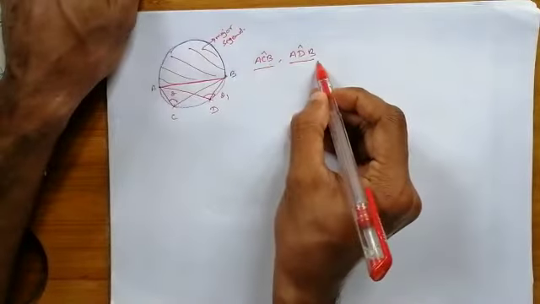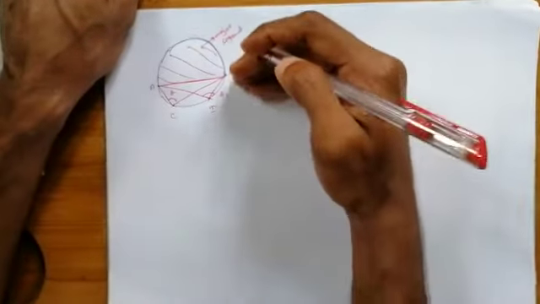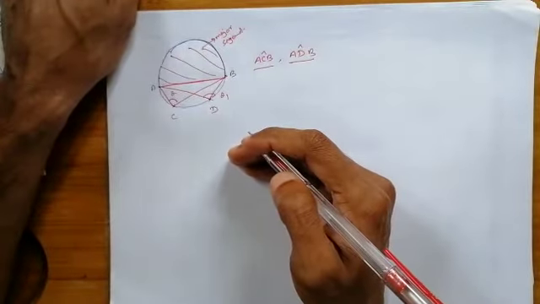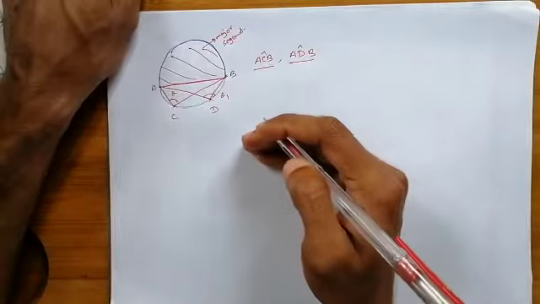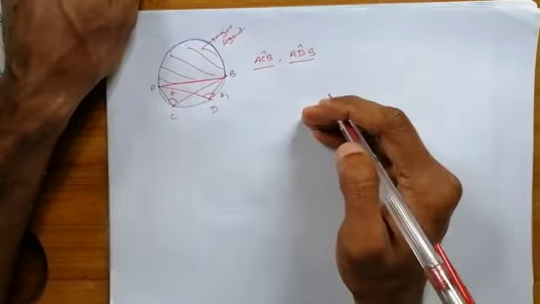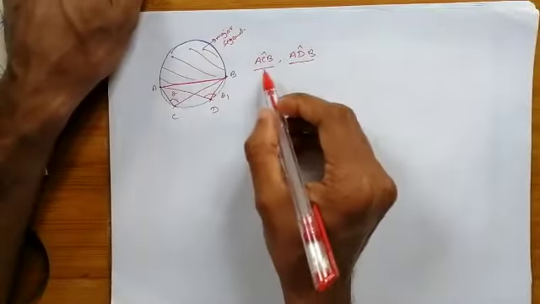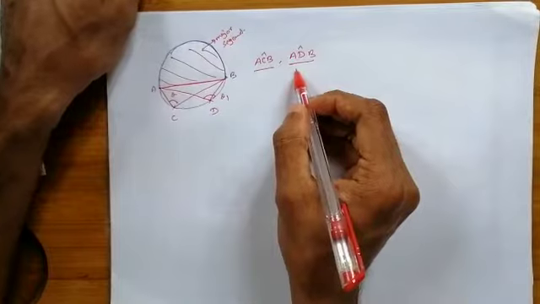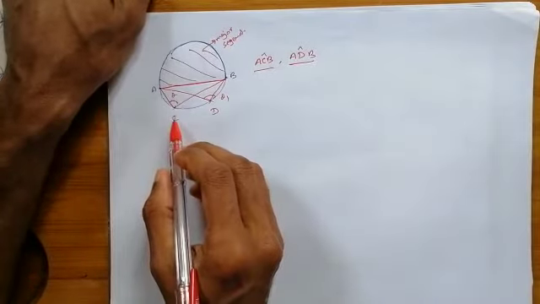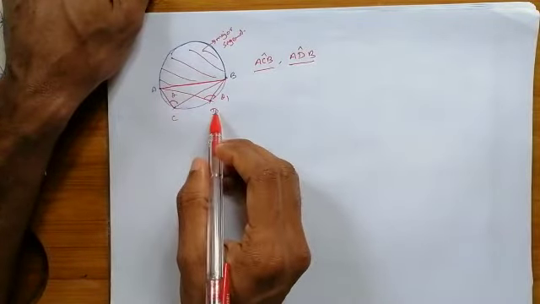So ACB and ADB are on the minor segment, on the same side of AB. In other words, in the same segment, in the minor segment. So ACB and ADB are subtended angles at the minor segment.